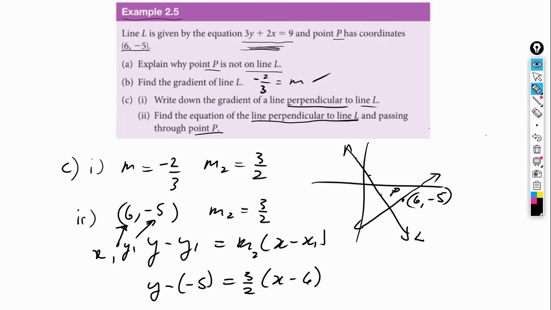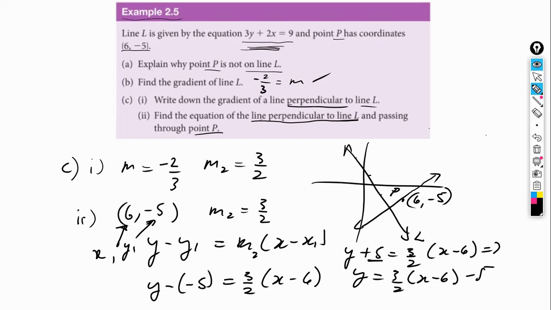So then all we have to do is rearrange everything, right? So first of all, let's take care of that negative sign there. So it's going to be y plus 5 is equal to 3/2 times x minus 6, which is the same as saying that y is equal to 3/2 times x minus 6, in this case minus 5, right?